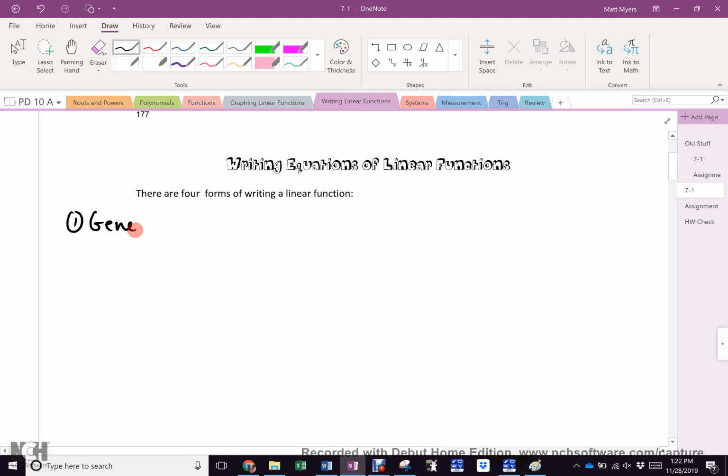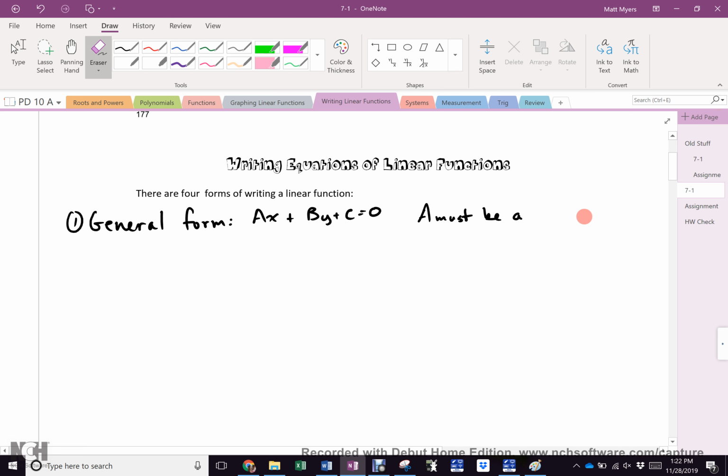General form. And we know all the rules that come along with that. All the rules and privileges of using general form. What are those rules? A must be a natural number.